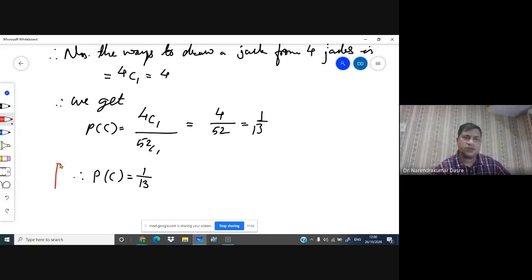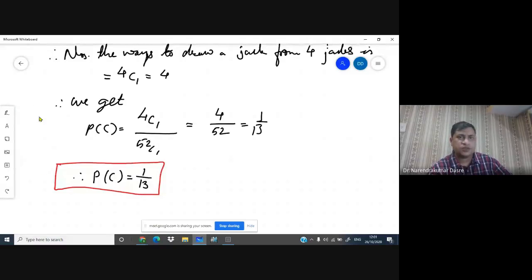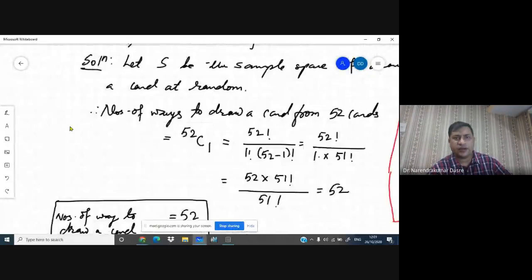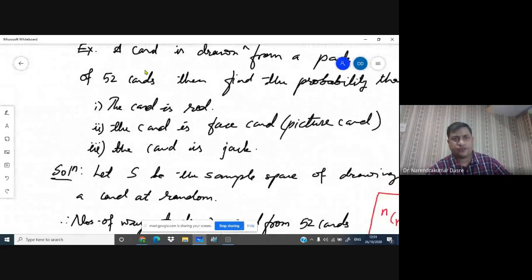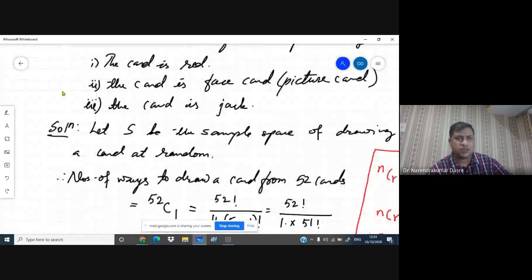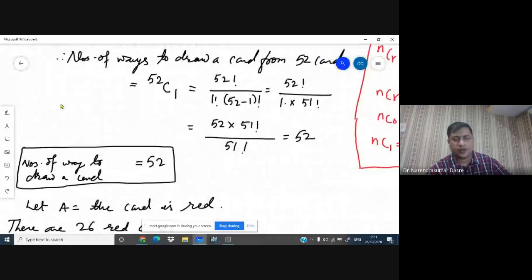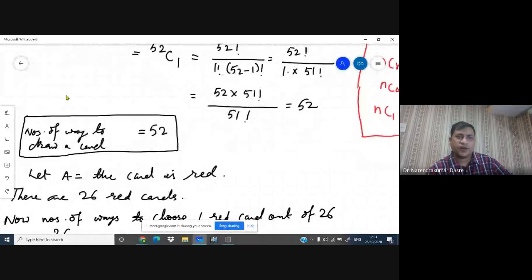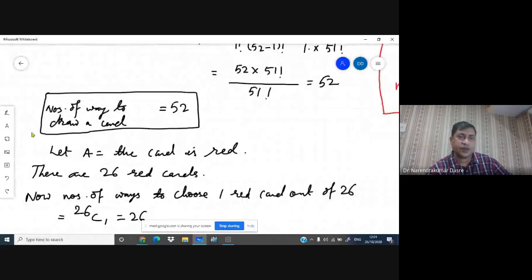So this way, we are able to calculate the probabilities of the different events when we have a pack of 52 cards. One thing you might have observed is that we have not written the sample space.